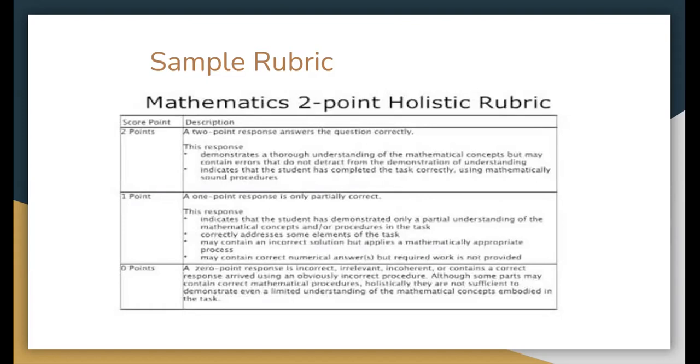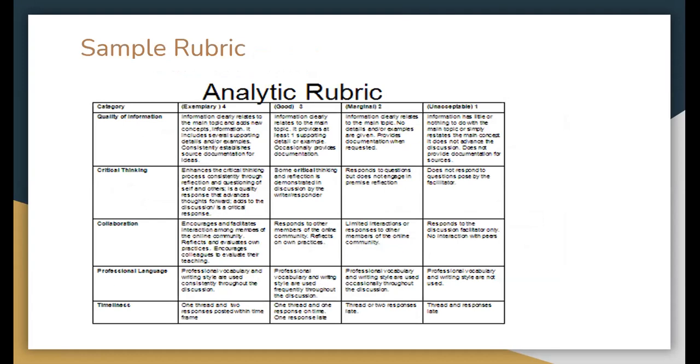Whereas, go to an analytic rubric now. In the analytic rubric, what it does is break down every single area that it wants to focus on and give a mark for that.